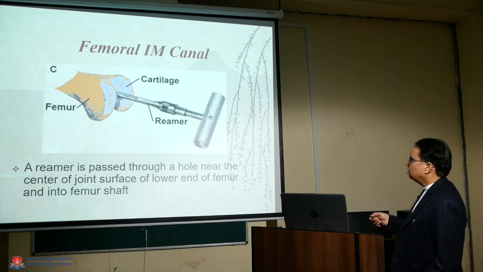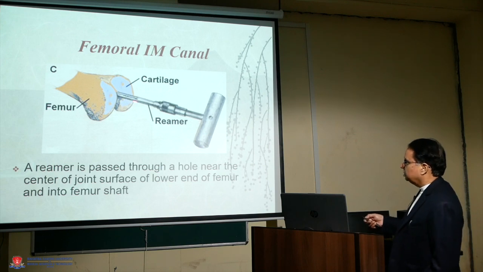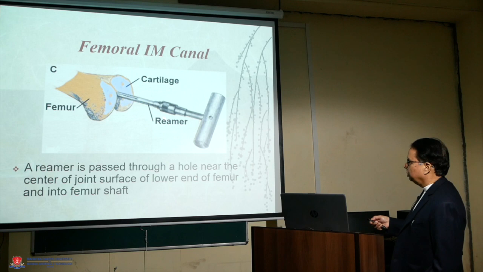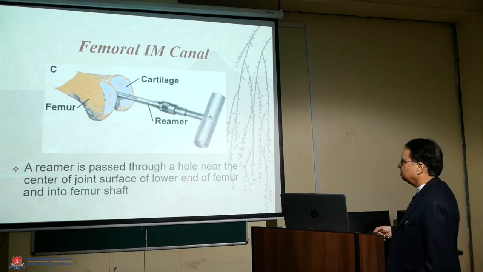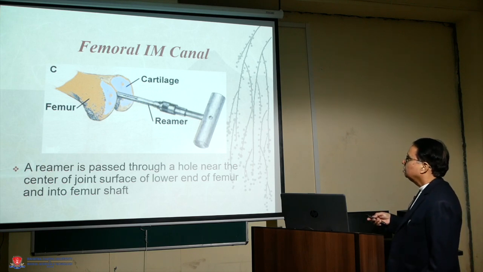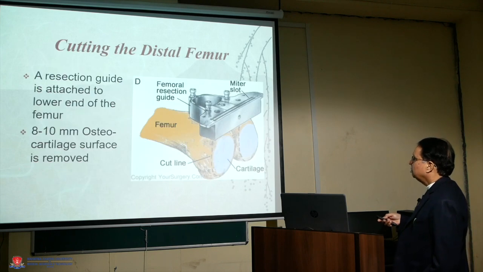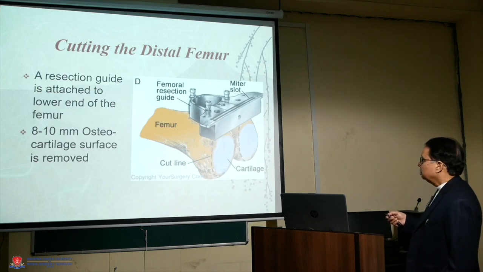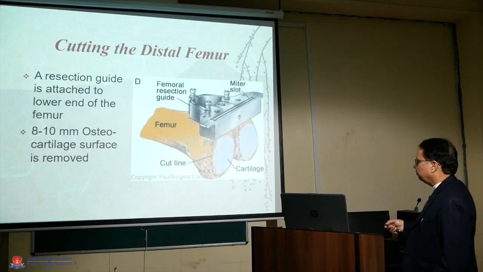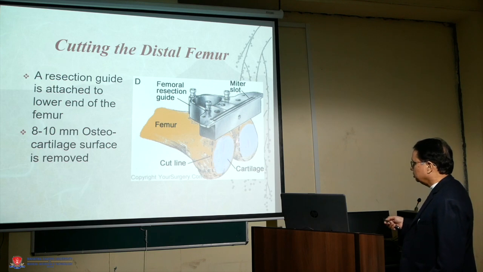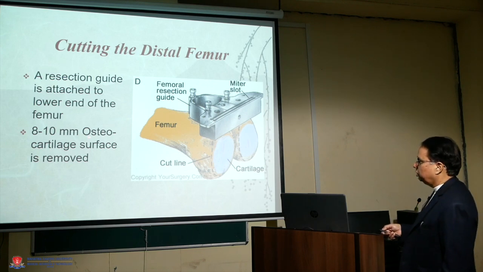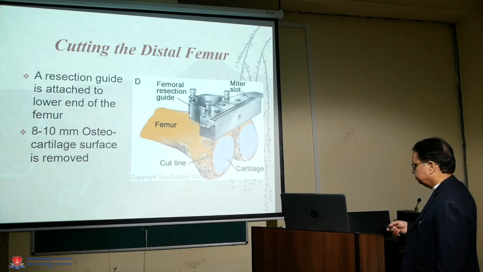Then we put an intramedullary jig inside, right, to ream the hole inside. Then we put a jig for the distal cut of the femoral condyle. Femoral resection is done by jig. This is the cartilage of the distal femur, and that cut has been done. Around 8 to 10 millimeters of cartilage is removed, right?